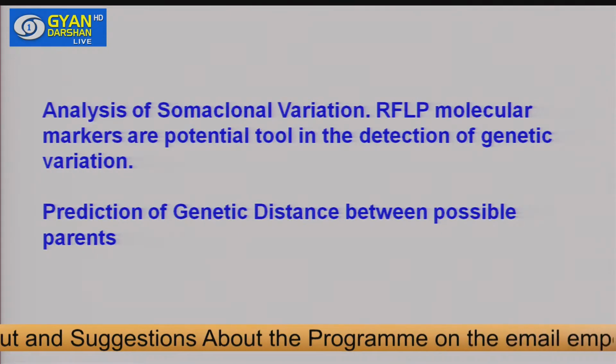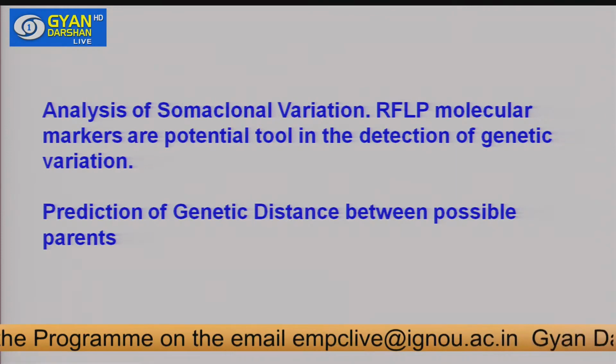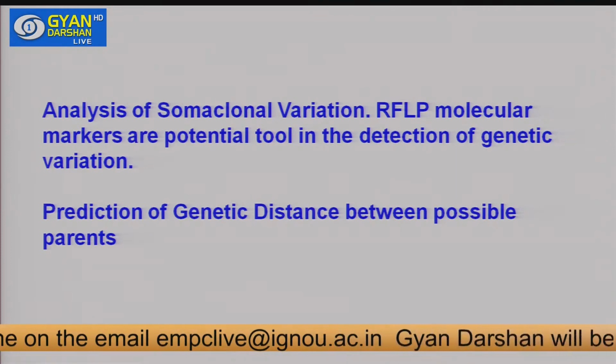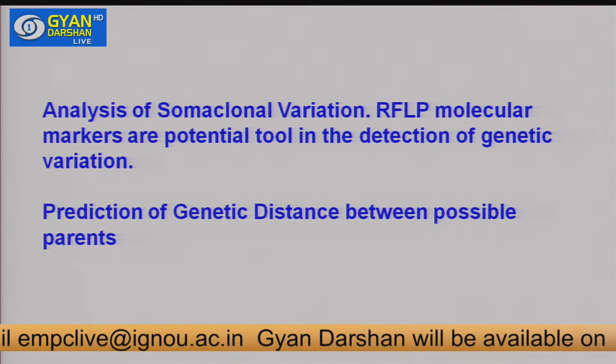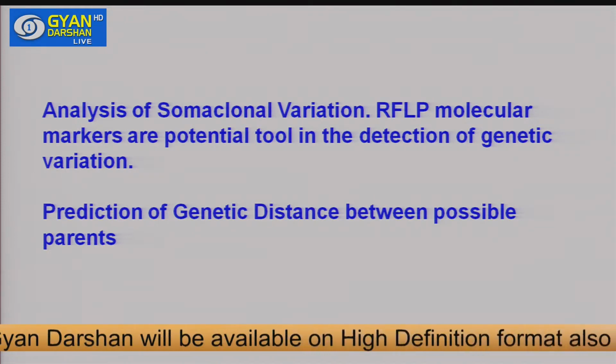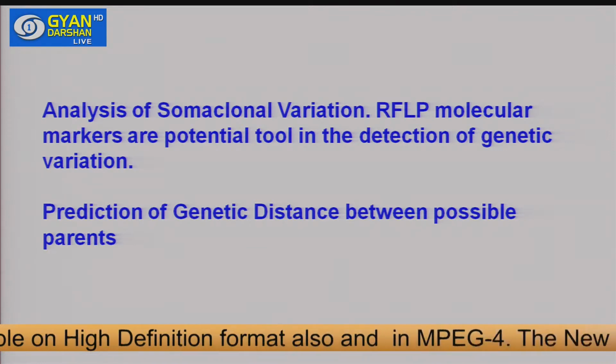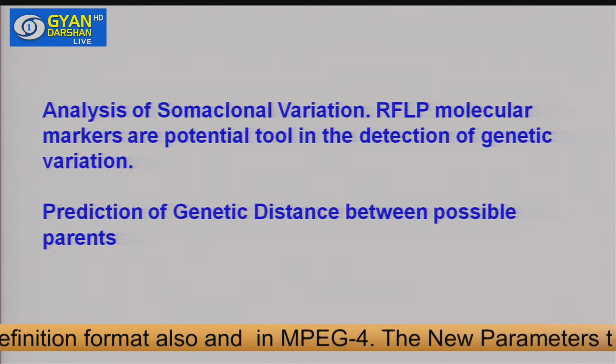Analysis of somaclonal variation. Now I hope that you know the meaning of somaclonal variation. In the course of tissue culture, when you are culturing any plant, like when you go for a genetically engineered plant, you have to go for plant transformation, which I discussed in my earlier sessions, through Agrobacterium tumefaciens mediated transformation, or you can go for the gene gun or particle bombardment.